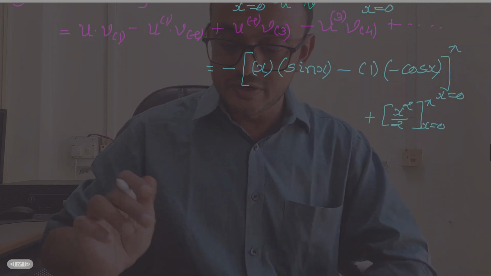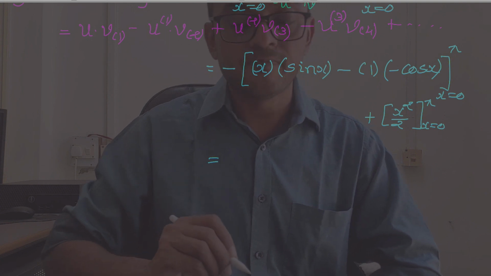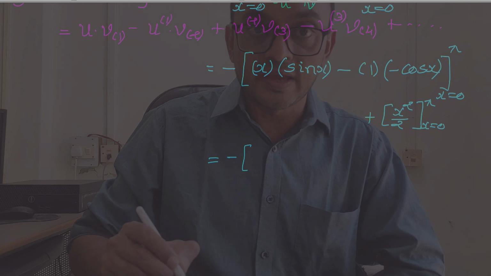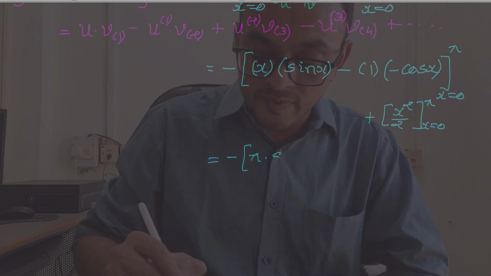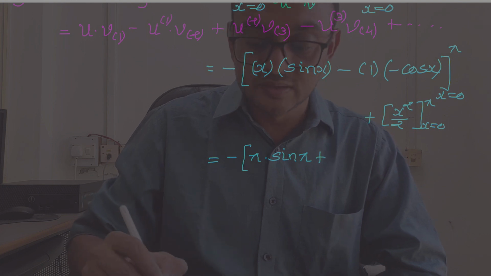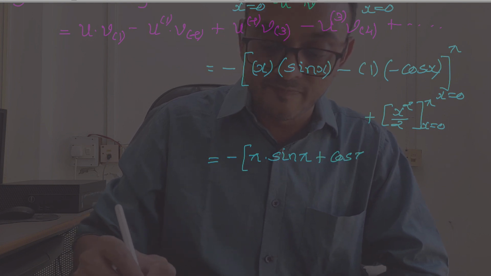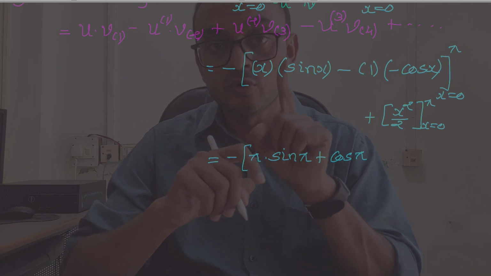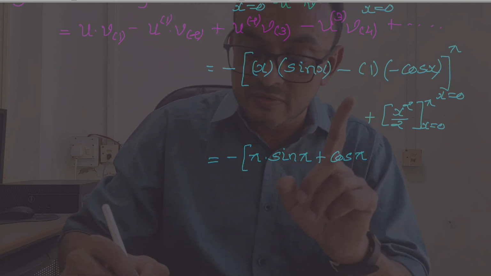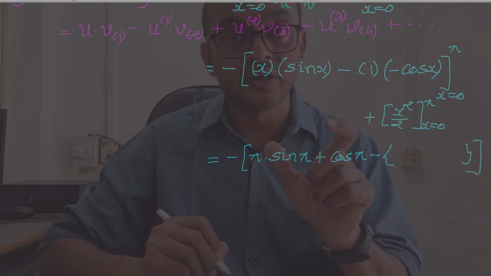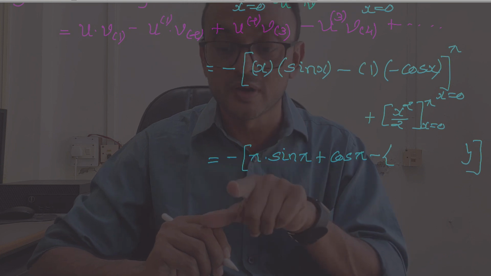Let us substitute the limits. This minus sign, x is equal to pi into sine pi, minus minus plus, this is cos pi. Keep in mind, whenever we substitute lower limit, I always start with minus sign and the bracket. In this bracket quantity, I always substitute the lower limit.